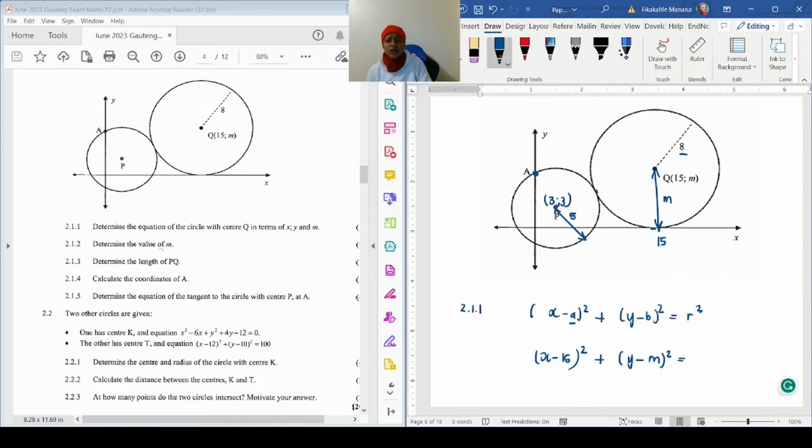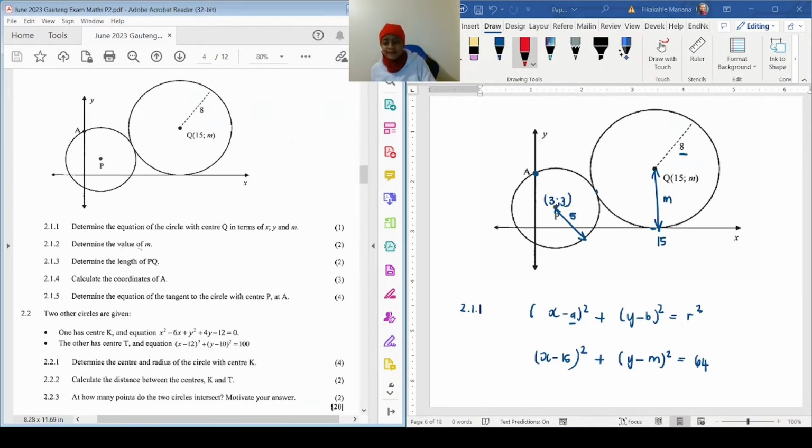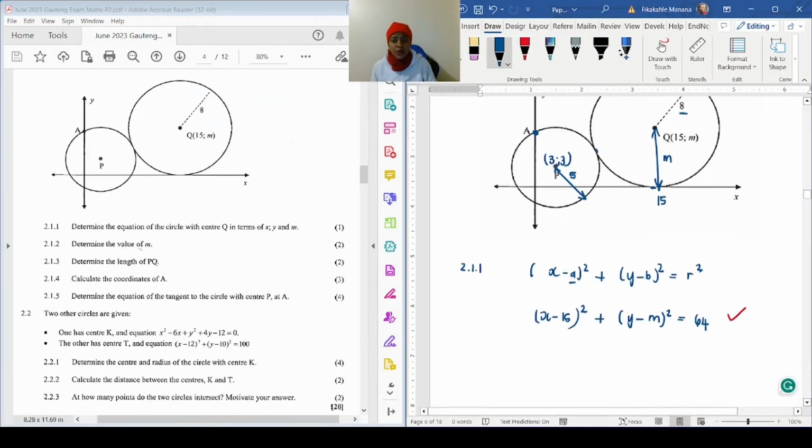I don't know if you leave it as 8 squared if you get a mark, but I would just simply make it 64 just to be safe. Now we have it in terms of x, y, and m. How many marks is this? Oh, 1 mark. So it's basically substituting what you know.